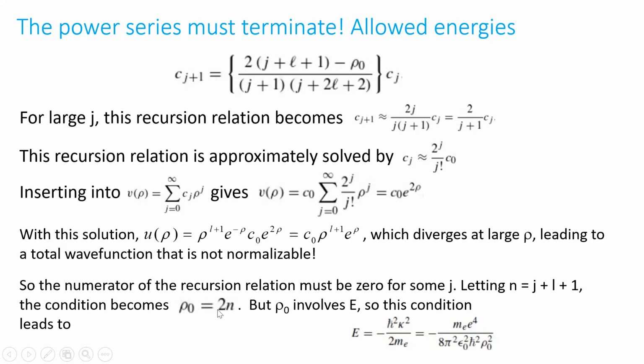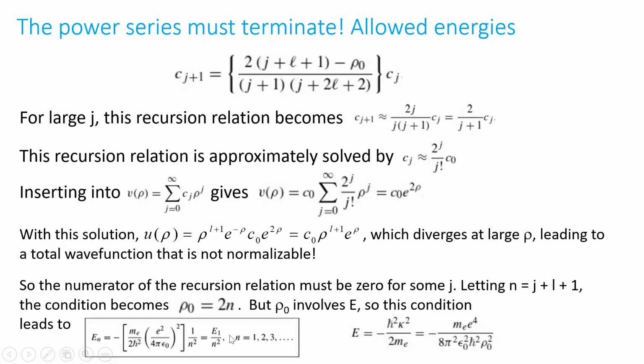So plugging in 2n for rho naught here, where n is an integer, and then rearranging some terms, we get the following equation for e, subscripted by n, because n equals 1, 2, 3. This is the same equation as we have here, just with 2n put in for rho naught, which is again the condition that the power series terminate.